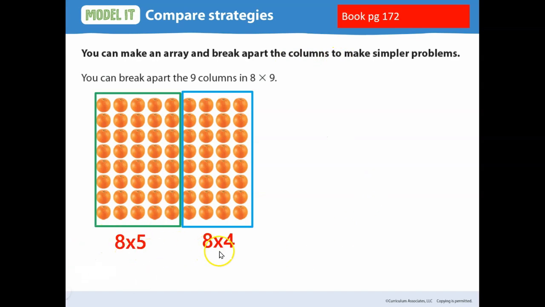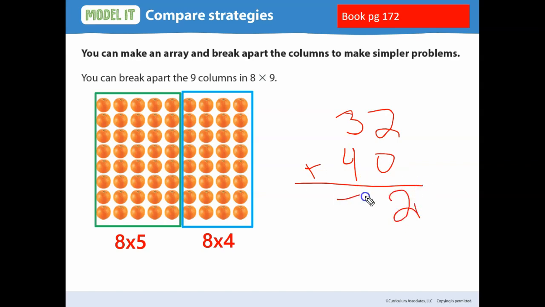And then once you have 40 plus 32: 8 times 4 is 32, 8 times 5 is 40, and then you add both of those. 2 plus 0 is 2, 3 plus 4 is 7, 72. So 8 times 9 is 72. Again, just another strategy for you guys to work on.